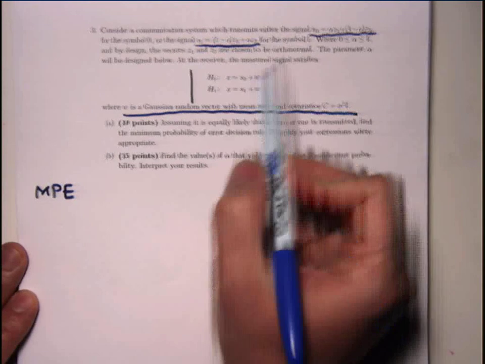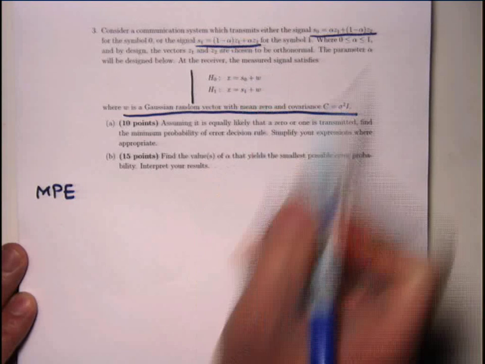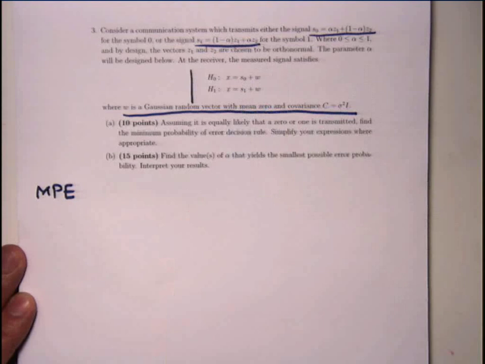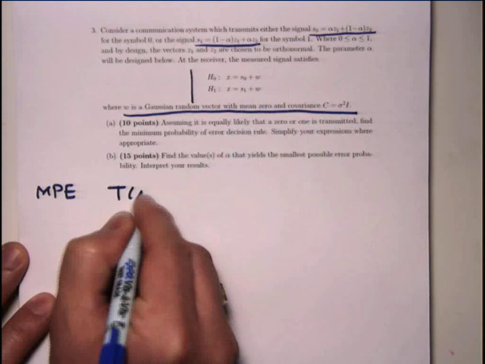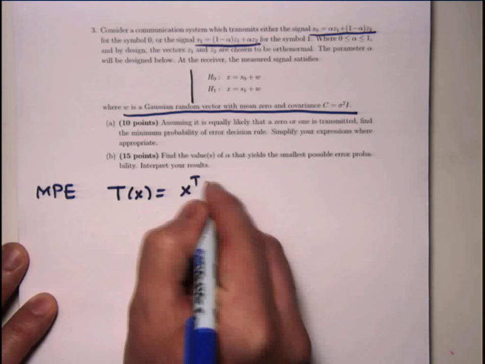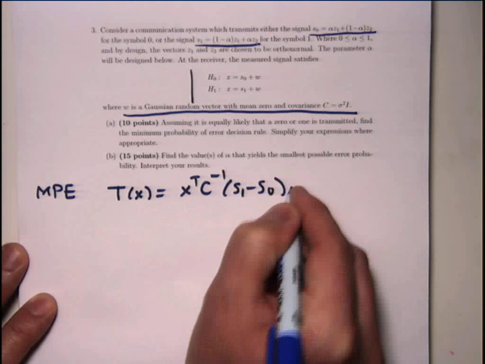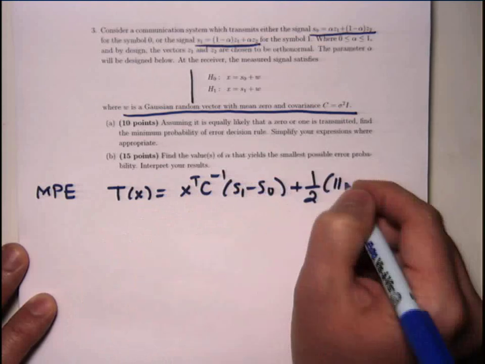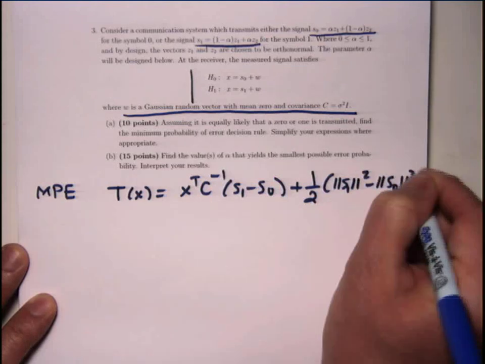So what you have here is a Gaussian with mean S0 and covariance C, and here mean S1 and covariance C. The minimum probability of error decision rule here was this T of X, X transpose C inverse times S1 minus S0 plus 1/2 the norm of S1 squared minus the norm of S0 squared.